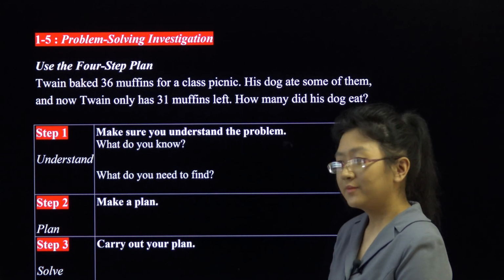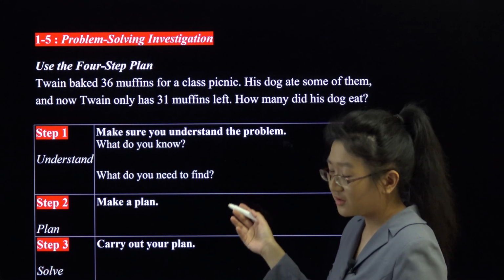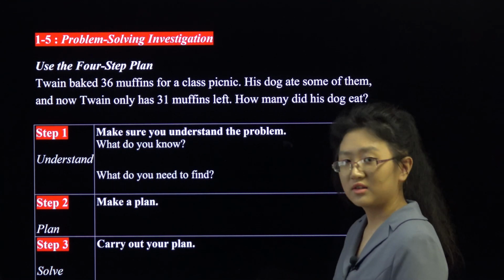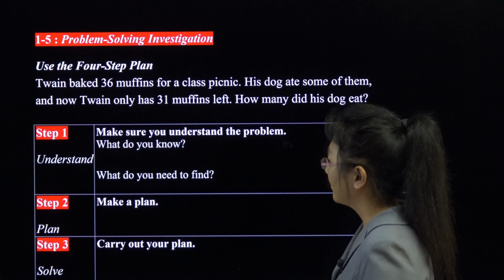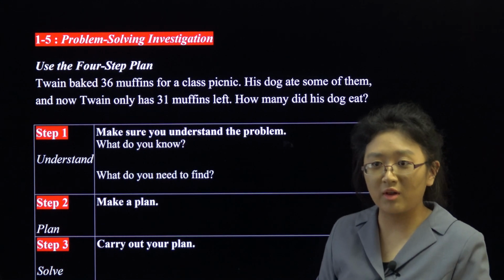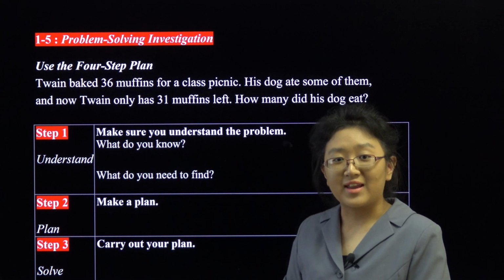What do we need to find? Since his dog ate the muffins, and he didn't eat any of them, nor did anybody else, essentially it's the difference between the initial number of muffins that he had and the muffins that he has now.